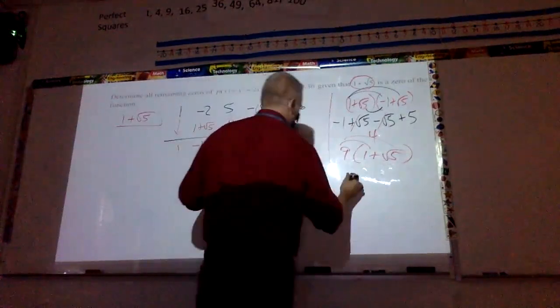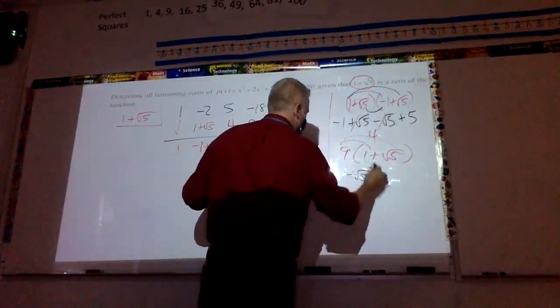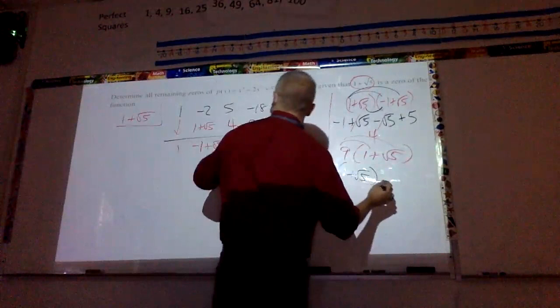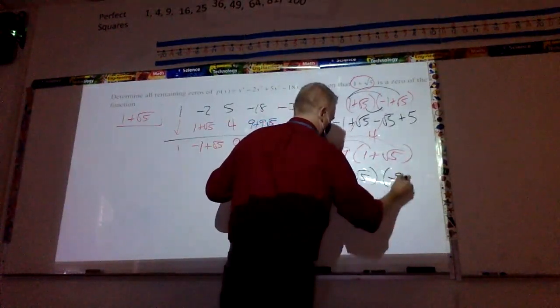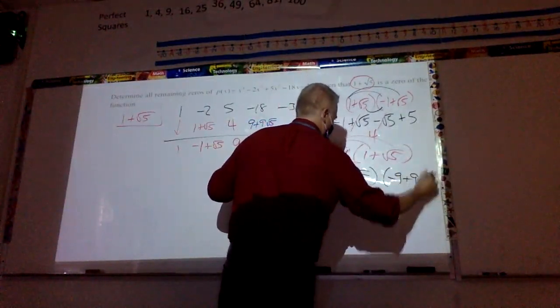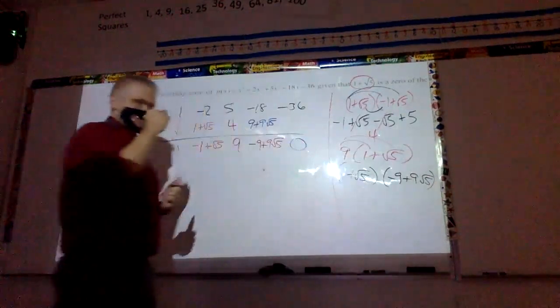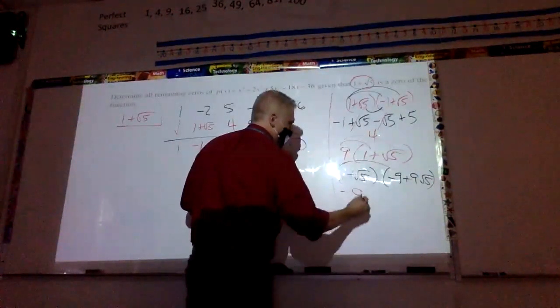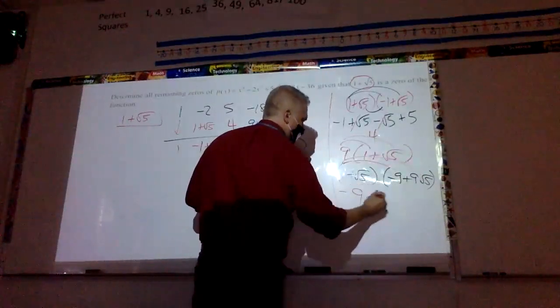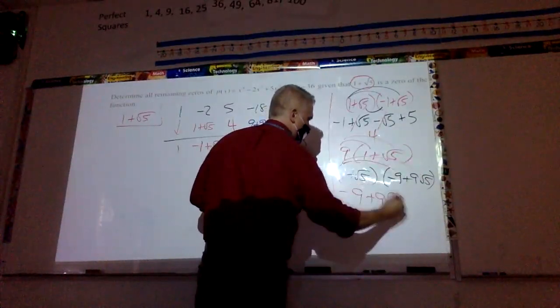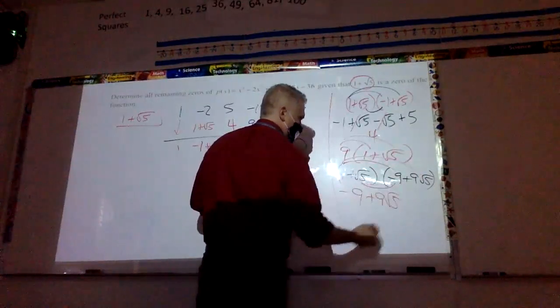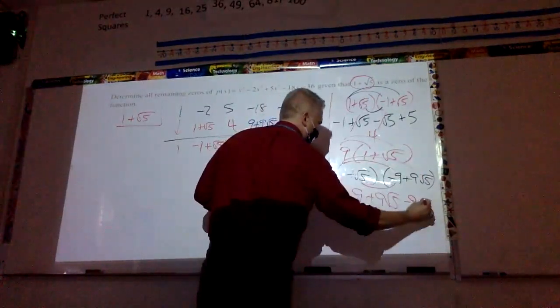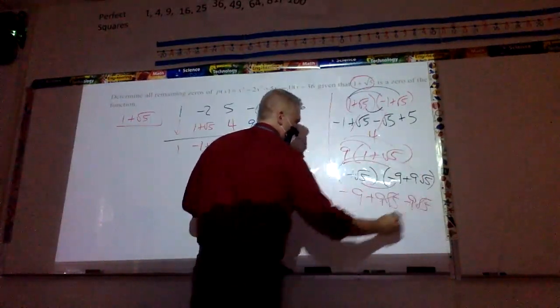So let's do it. 1 plus root 5 times negative 9 plus 9 root 5. Let's multiply those. 1 times negative 9, 1 times 9 root 5. Oh, here it comes again. Minus 9 root 5, so they cancel.